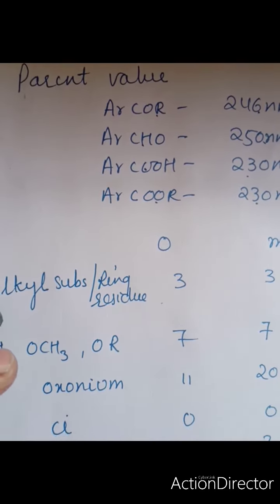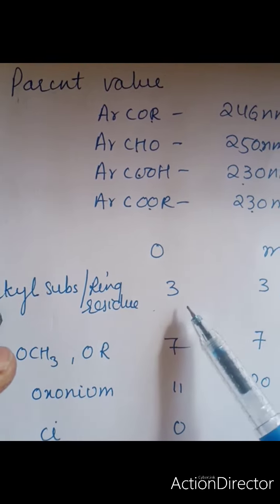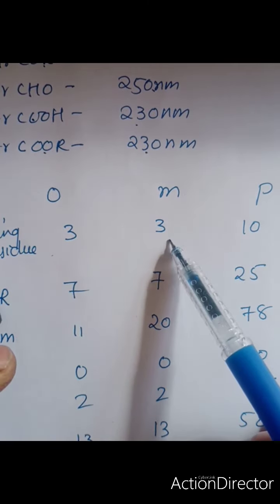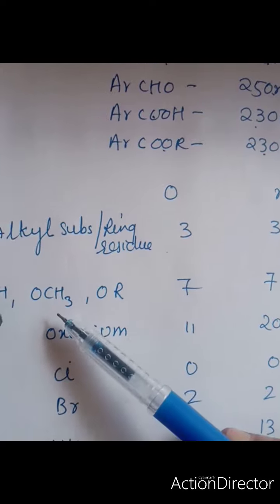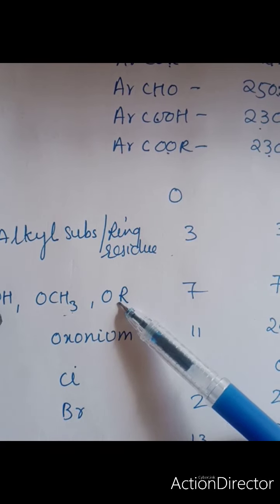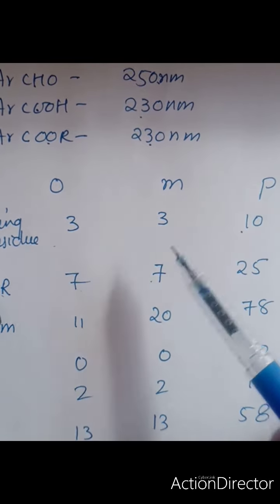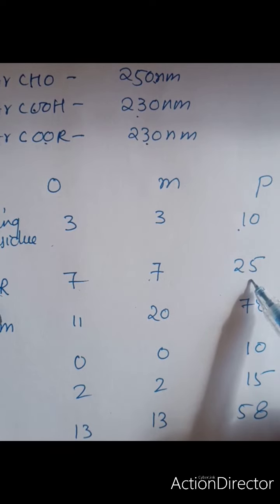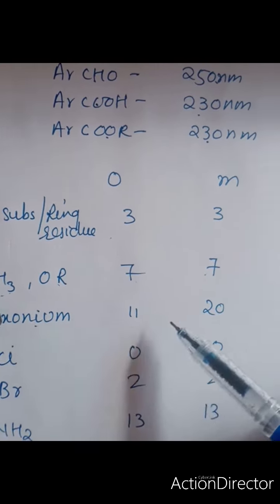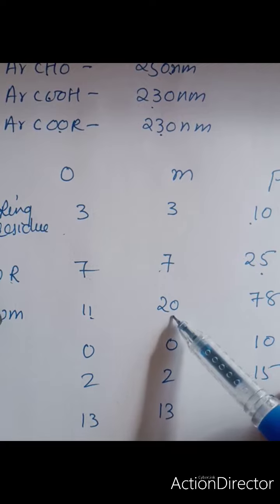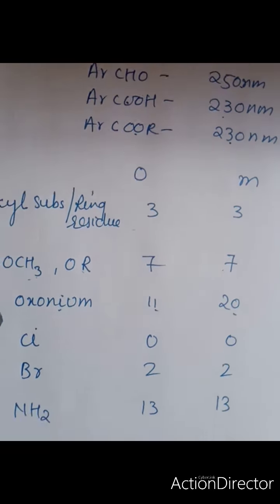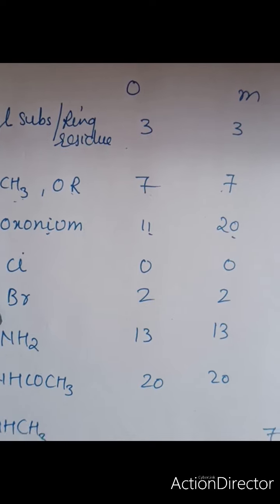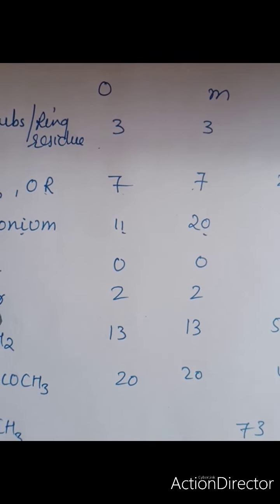For example, for an alkyl substituent or ring residue at ortho and meta position, it is 3. At para position, it is 10. For OH, OCH3, OR, at ortho and meta position it is 7, at para position it is 25. For oxonium ion, at ortho position it is 11, meta is 20, and para position it is 78. For chloride, ortho and meta position it is 0, para position it is 10.